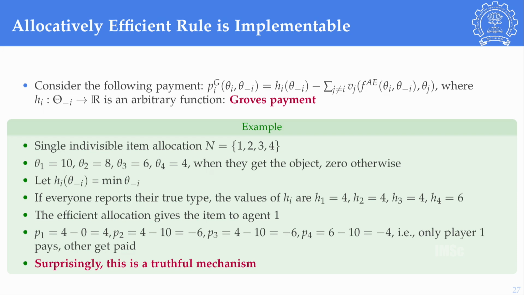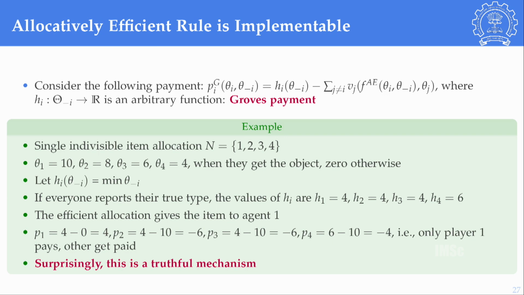You can choose any h i of theta minus i, and later on when we go to the next mechanism, which is a more popular mechanism that satisfies many other properties, there we will fix this h i of theta minus i. The only variable component here is this h i of theta minus i, but if you choose any such function, it will work, but that will not satisfy some of the properties.